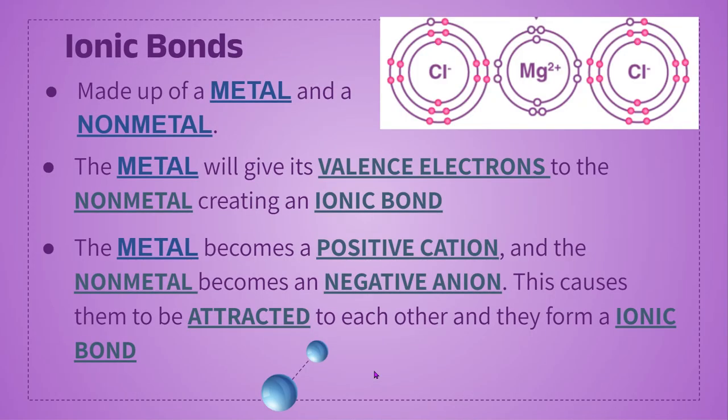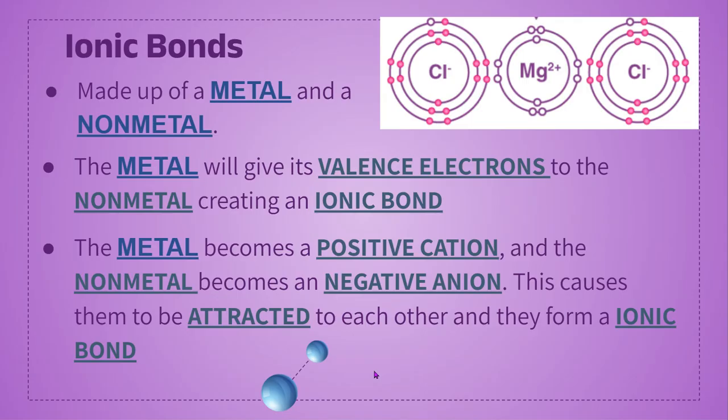Our first type of bonding is ionic bonding. Ionic bonding happens when a metal and a nonmetal combine. The metal is going to give up its valence electrons to the nonmetal, and this creates an ionic bond because the positive and negative charges attract. The metal becomes a positive cation, and the nonmetal becomes a negative anion.